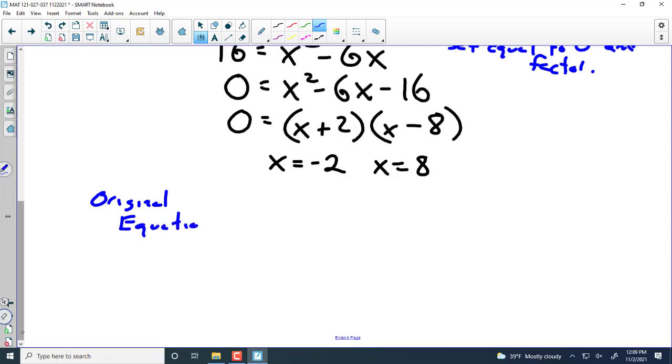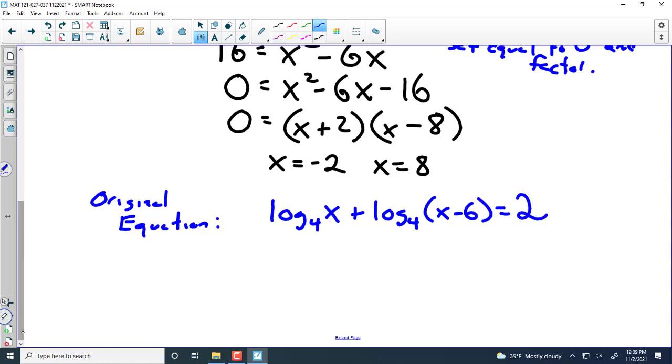The original equation looked like this: log base 4 of x plus log base 4 of x minus 6 equals 2. That was the original equation. We have done nothing wrong. We have done the math perfectly.